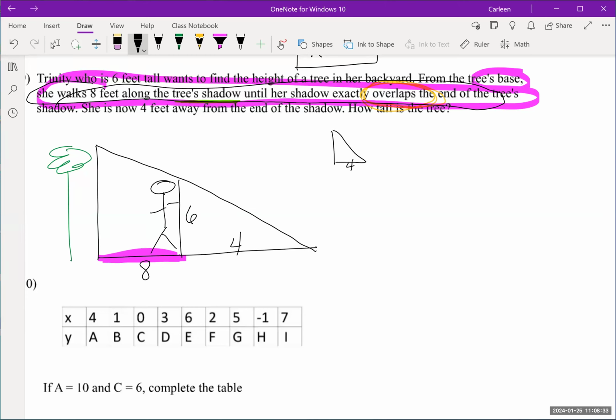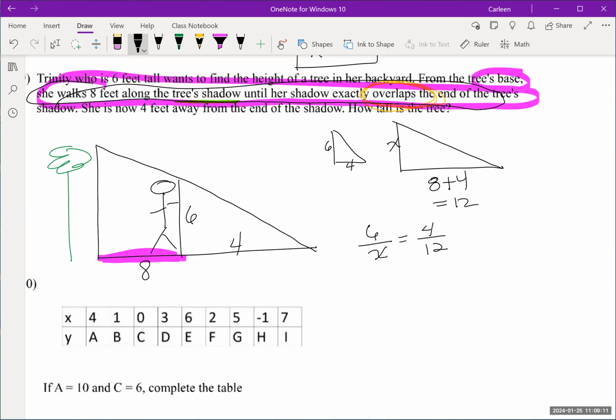So we have 4 and 6, and we have a big triangle, and we have X. Okay, here's the trickiest part. What does that measure, the bottom from the base of the tree to the tip of the shadow? You have to add 8 plus 4 is equal to 12. Okay, awesome. So we're going to have 6 over X equals 4 over 12.